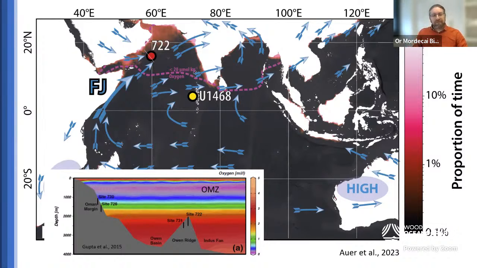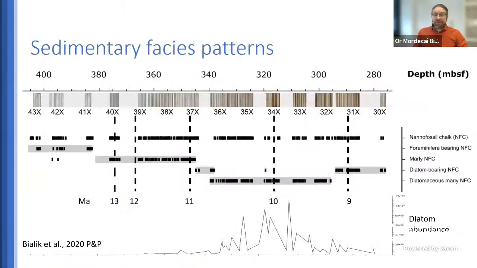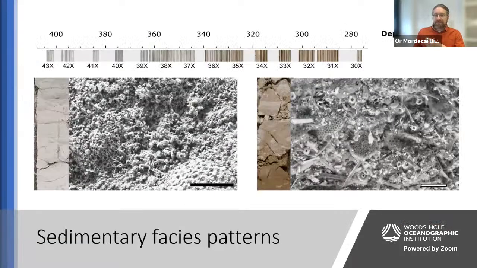And for that, I want to take you to site 722. It's an ODP site, so recovery is not as nice as we would like. But even with the spotty recovery, just visually, going from the older stuff on the left to the younger stuff on the right, there is a very clear shift, and it's a phase shift as well.